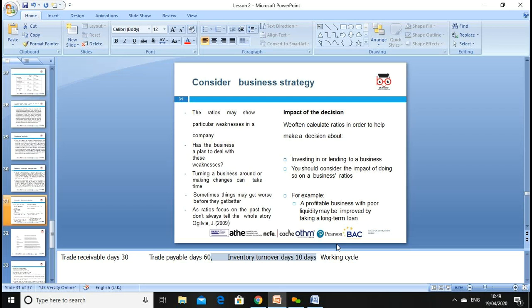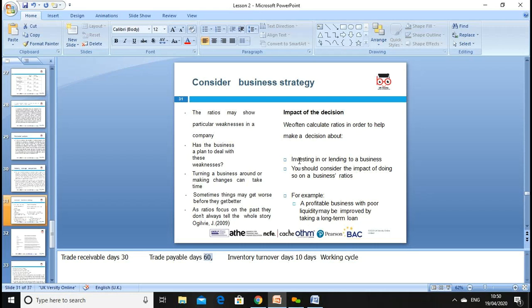So we have 20 days' worth of money that we are holding. This will have a positive impact on the cash flow. Or in future the company may want the credit control policy to be increased to 90 days. So we need to look at the strong credit control strategy being developed and in place, and the impact when they calculate the ratios in order to help them make the decision.